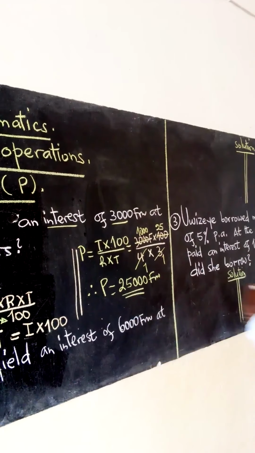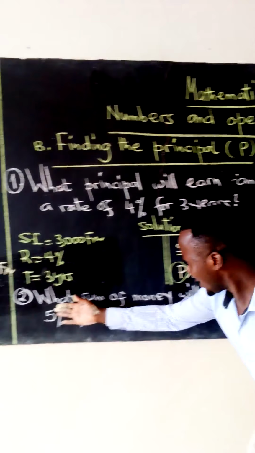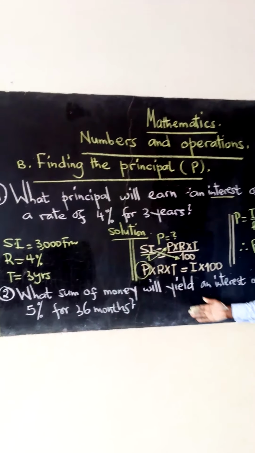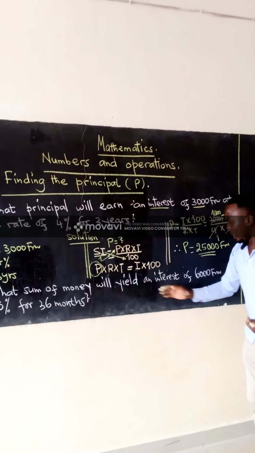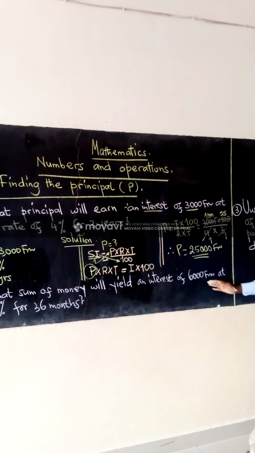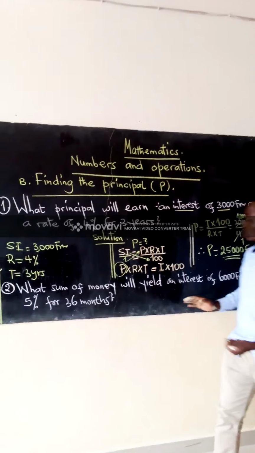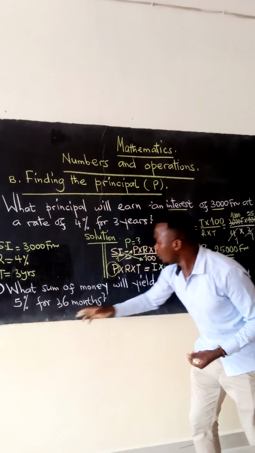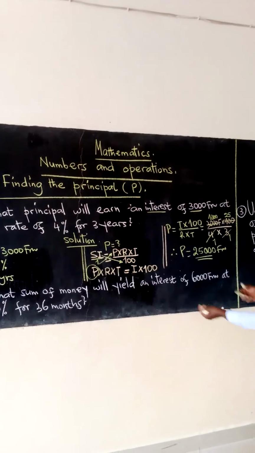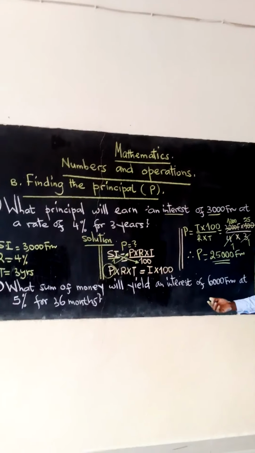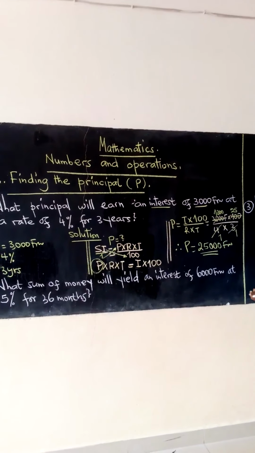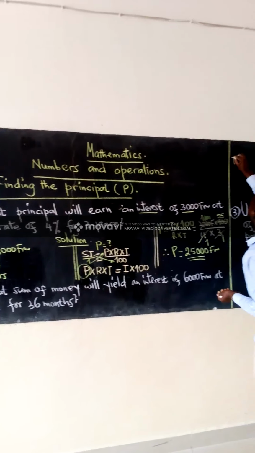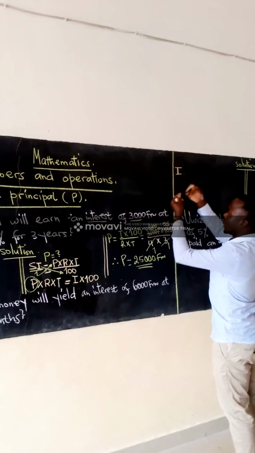francs. Number 2. What sum of money will yield, will earn, will give an interest of 6,100 francs at 5% for 6 months? What do we have, by the way? You can see that we have an interest of, let me write, an interest of, you can write interest or SI.